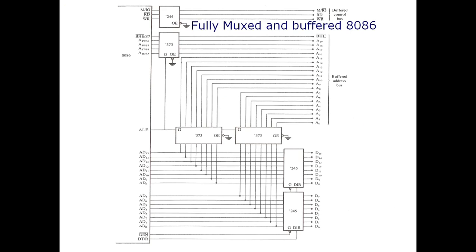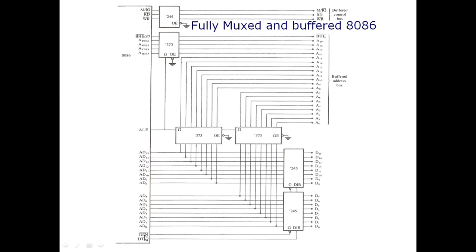And if we fully demultiplex the 8086 microprocessor, it is exactly the same situation, only the address pins are demultiplexed as well. And two bidirectional chips are used here because we have 16-bit data. So whenever the 16-bit data is provided here, the address latch enable is 0 so that it will disable these latches, so it will not pass on the data available on this data bus to the address lines. It will just block these paths.